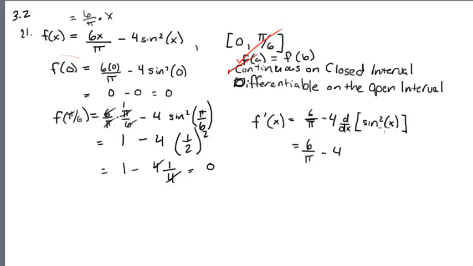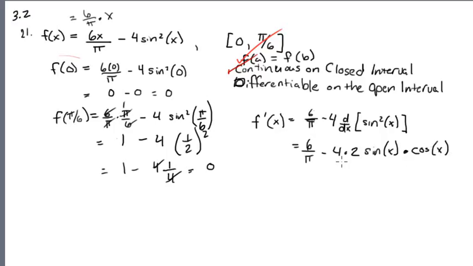I have my outer function is something squared. My inner function, that something, is sine. So I bring down the 2, times 2. I decrease this power by 1. So it's just going to be times sine of x. And then I'm going to multiply that by cosine, because that's the derivative of sine, according to the chain rule.